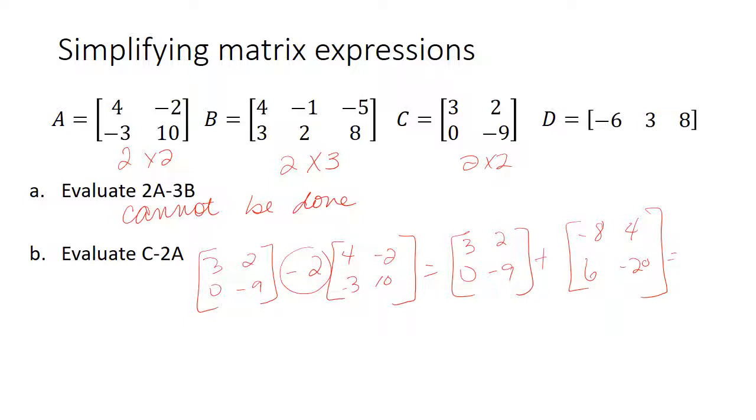So now I can add them. 3 minus 8 is going to give me negative 5. 2 minus 4 gives me negative 2. 2 plus 4 gives me 6. 0 plus 6 gives me 6. Negative 9 plus negative 20 gives me negative 29. So you can see that you have to be careful with your signs.